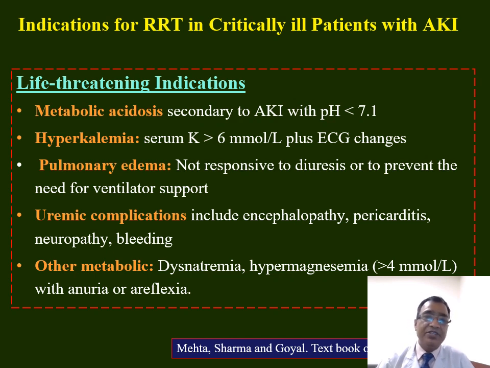Among the life-threatening indications: metabolic acidosis secondary to AKI with pH less than 7.1, hyperkalemia, a serum potassium level more than 6 along with ECG changes, pulmonary edema not responsive to diuresis or to prevent the need of ventilatory support, uremic complications that include encephalopathy, pericarditis, neuropathy, and bleeding. Other metabolic parameters may require renal replacement therapy like dysnatremia, hypomagnesemia with anuria or areflexia.